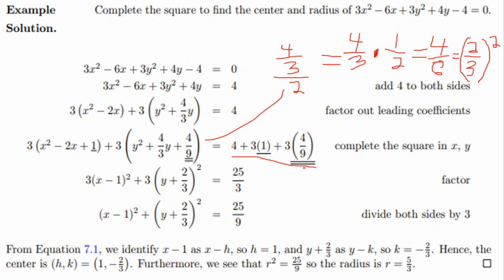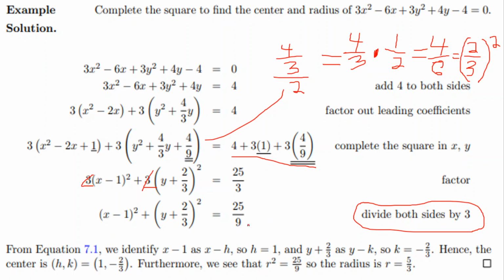Okay, next. Sir, what are we going to do next? Okay, next we will divide both sides by 3, so that this and this will be eliminated. So, it will cancel out when we divide by 3.